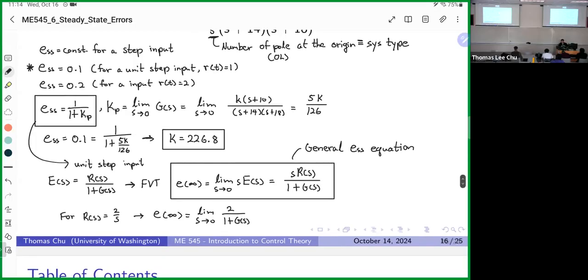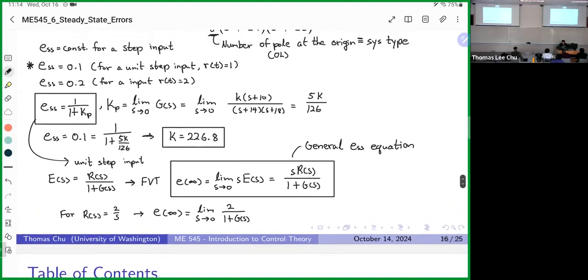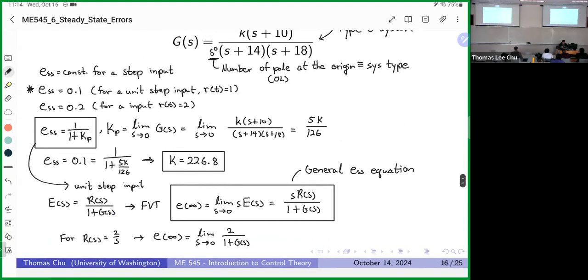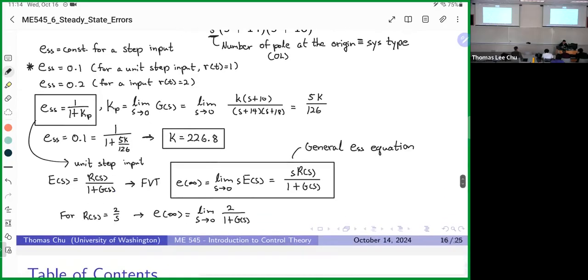Any questions? Sorry, I have another question. Is this for an open loop system? Yeah, so no, this is going to be for a closed loop system. This is the error of the closed loop system.